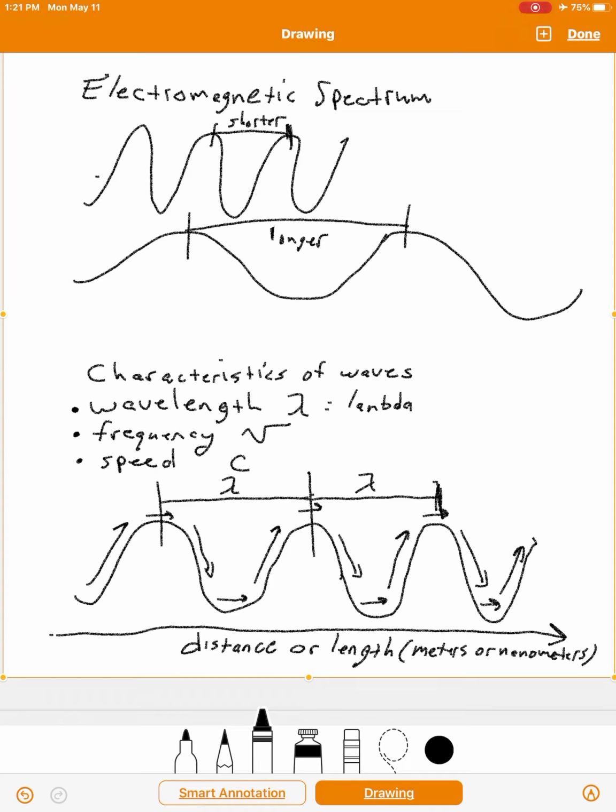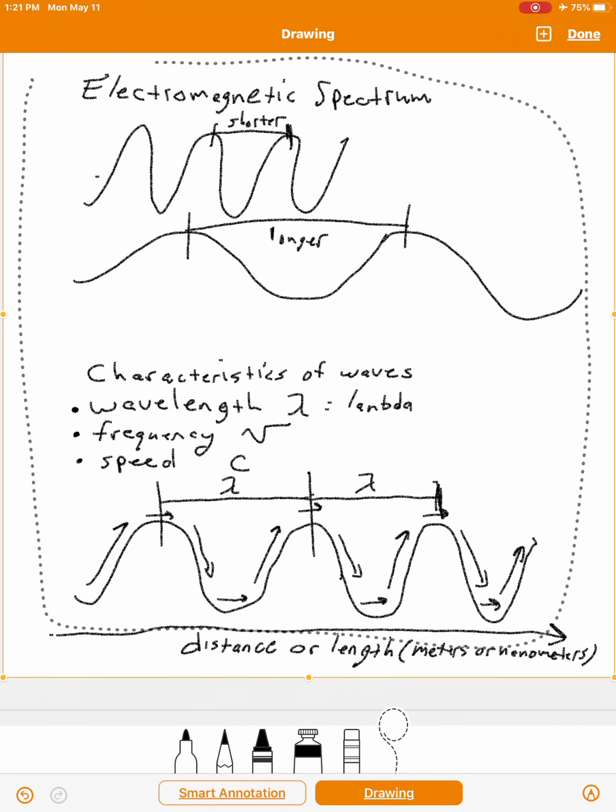Another property is the frequency. So let's talk a little bit about frequency. I'm going to pronounce that letter, that symbol.